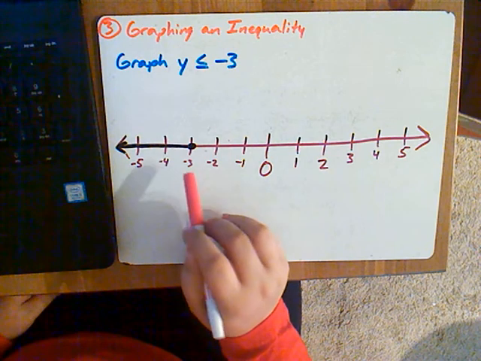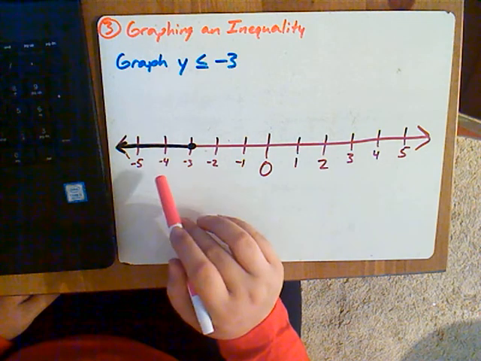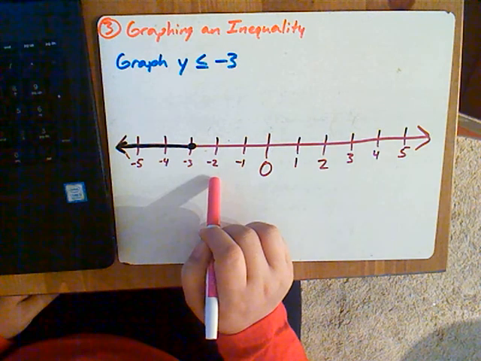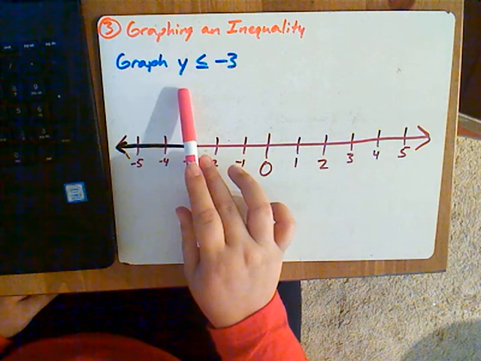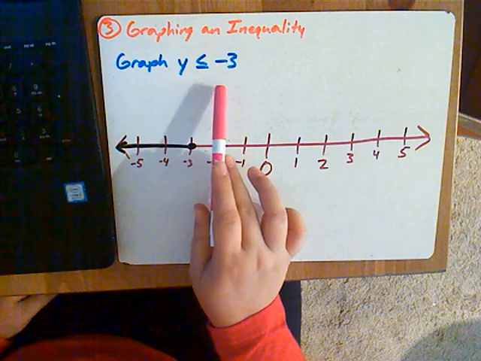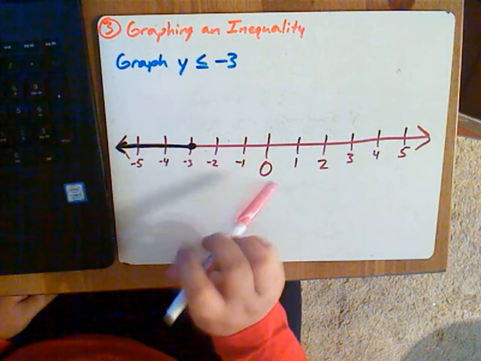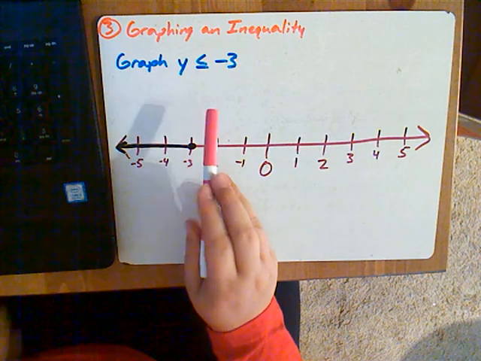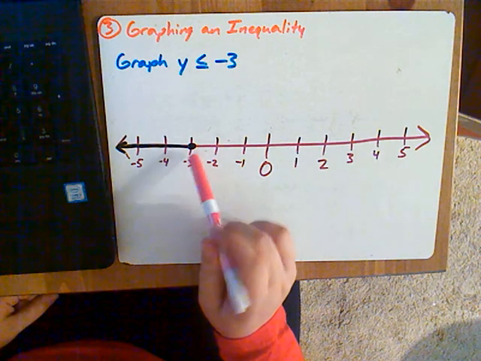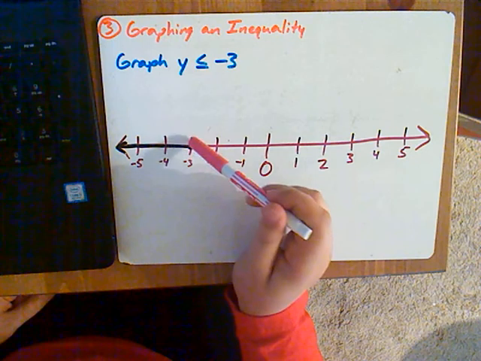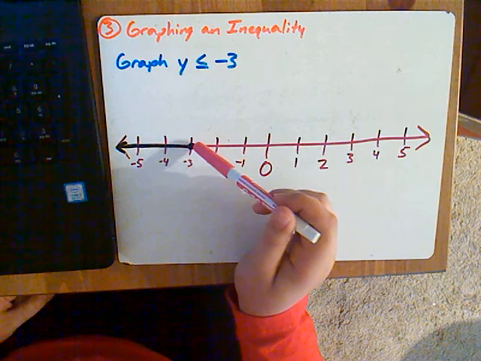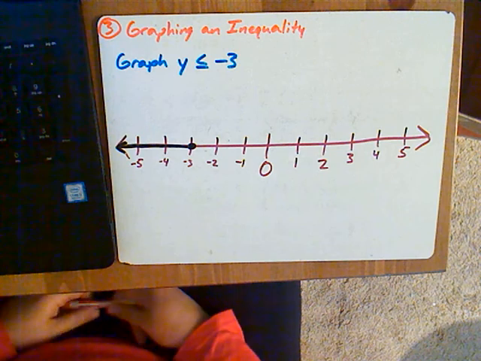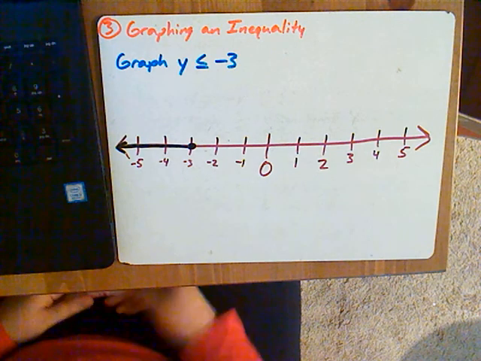And then to figure out which direction you're going to go in, you look at the numbers on either side of that negative 3. Negative 2 is not less than or equal to negative 3, so we know it's not going to go to the right. Negative 4 is less than or equal to negative 3, so we know that our graph for this inequality is going to be the closed circle at negative 3, and then our arrow is going to go off to the left. And that is how you graph an inequality.